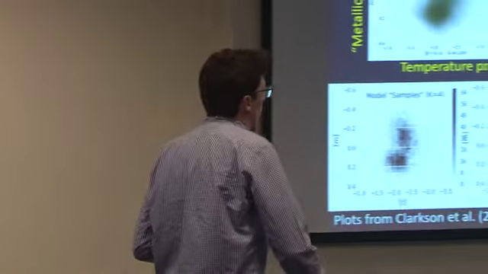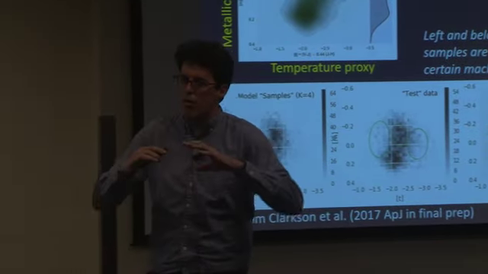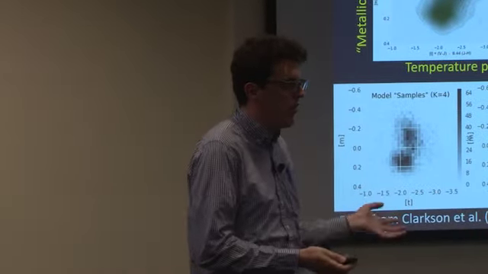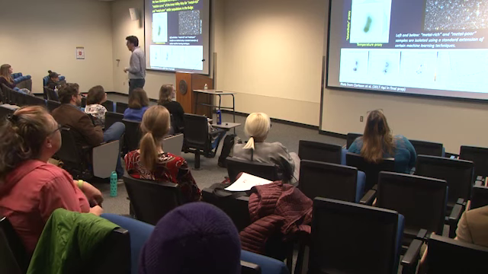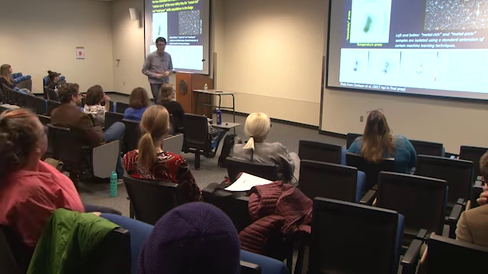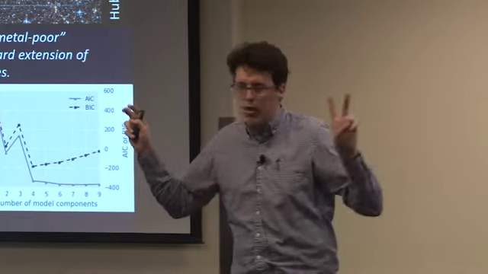We borrow some techniques from machine learning that are extended to handle very strongly varying measurement uncertainty and apply them in this case. I can talk about these figures at the bottom if anybody asks me. I probably don't have time to do it right now. In a nutshell, though, we have a metal-rich and a metal-poor component that we've let the data drive us as to where they are.